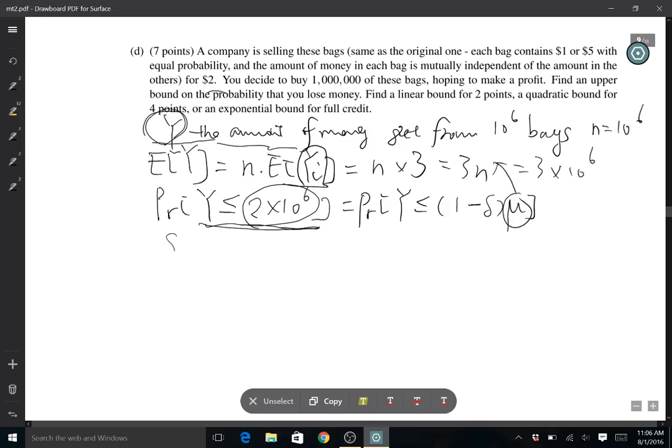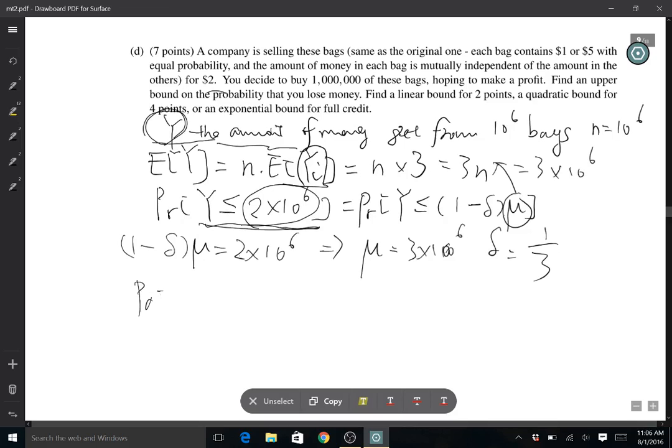So 1 minus delta times mu is equal to, what's happening here? Okay, is equal to 2 times 10 to the power of 6. So we solve for delta: mu is equal to 3 times 10 to the power of 6, and delta is equal to 1/3.